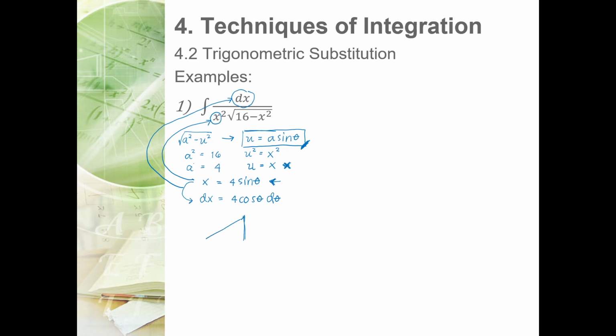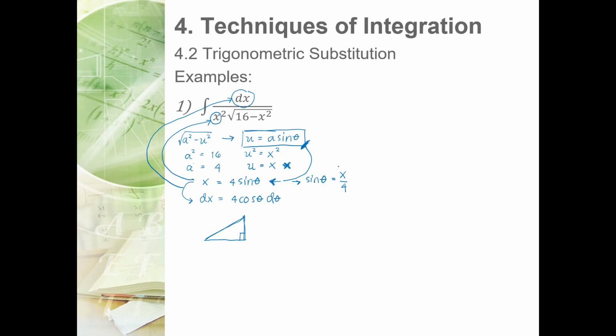So let's draw a right triangle first. If we isolate the sine function, this becomes sine theta is equal to x all over 4.